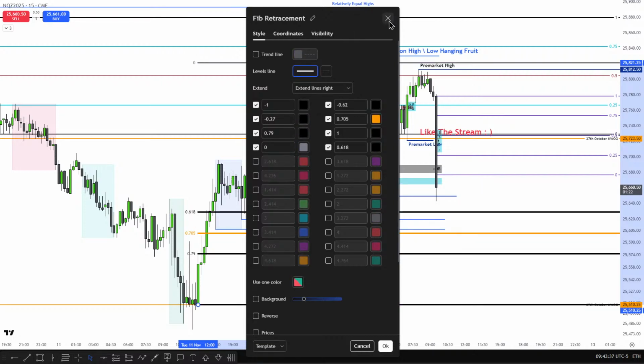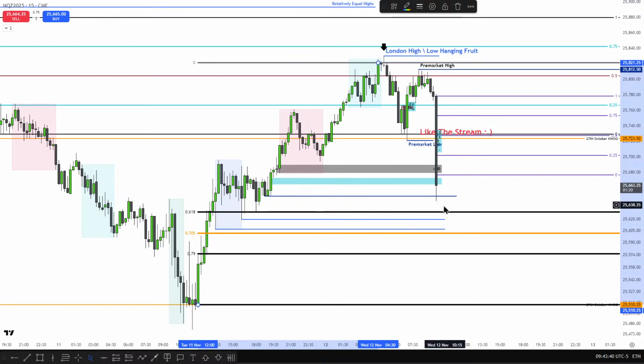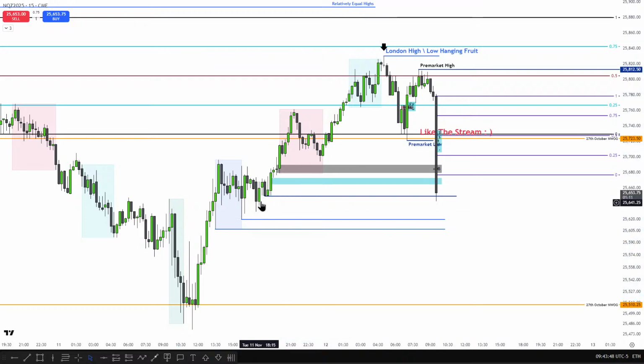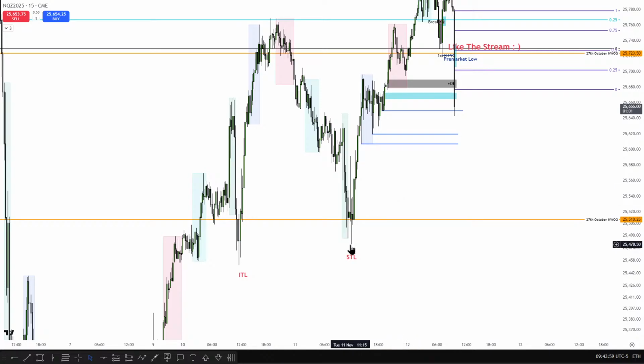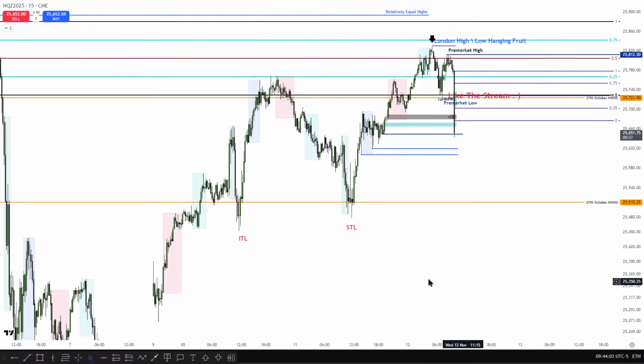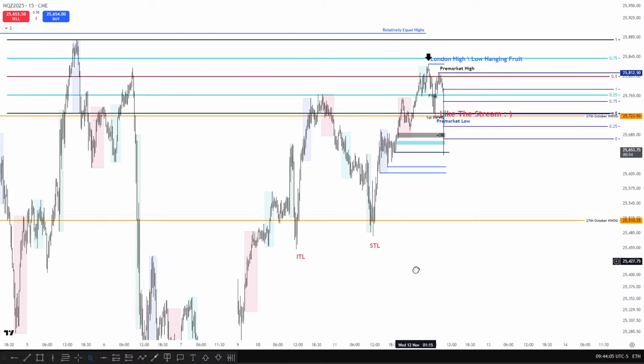If you look at this from optimal trade entry, it's 62% retracement and 70% retracement at these lows. So I don't mind it taking this out because that's the consolidation. If you want to sweep the consolidation lows and then trade higher, I wouldn't be opposed to it because it's also at optimal trade entry. But taking out the 11th November 11 o'clock low, I would not want to see that.